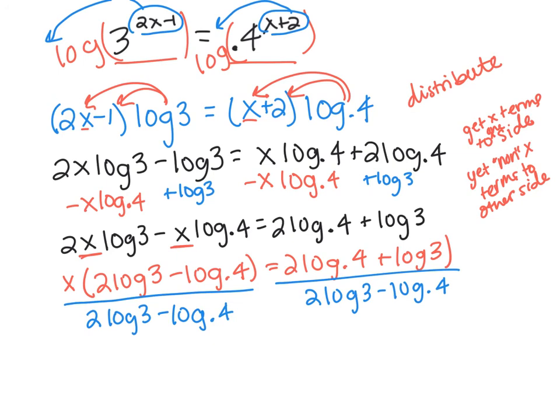So now really the mess at this point is plugging it all into your calculator. So you want to do the 2 log 0.4 plus log 3. Make sure that is in parentheses if you plug this all in at the same time. And then your division sign and do 2 log 3 minus log 0.4. Again, make sure that is all in parentheses when you plug it in. Whatever that equals is your solution for x.